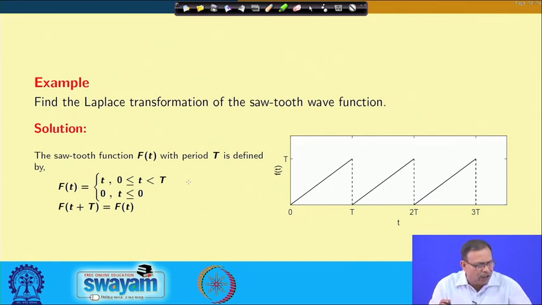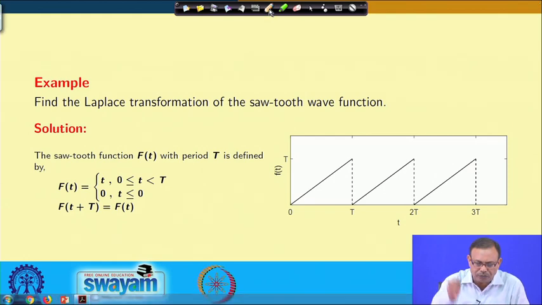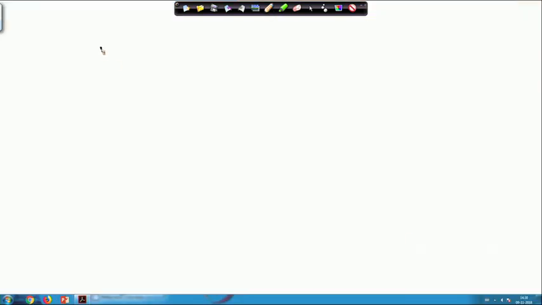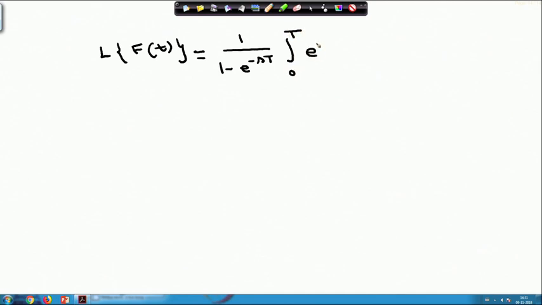Next is how to find the Laplace transform of this sawtooth wave function. The Laplace transform of f t, since it is a periodic function with period capital T, we can write as 1 by 1 minus e power minus s T, into the integral from 0 to capital T of e power minus s t into t dt.